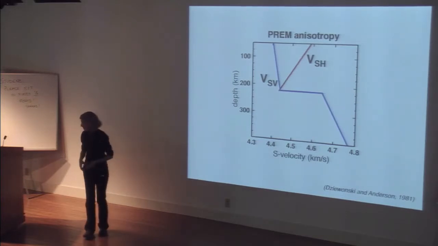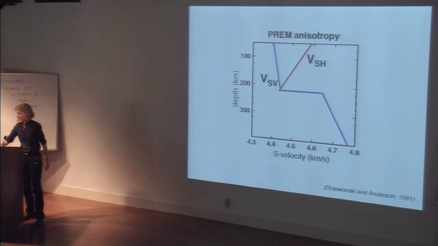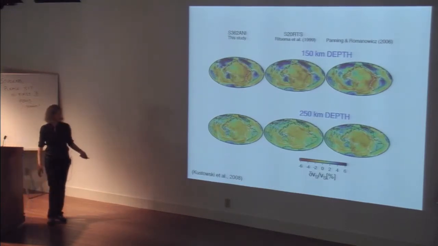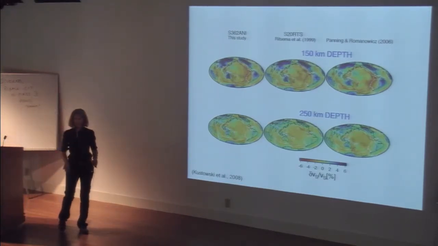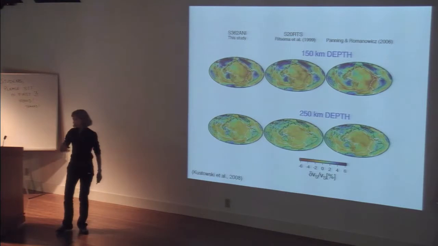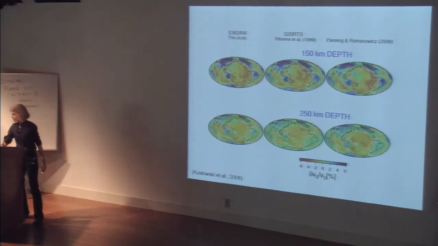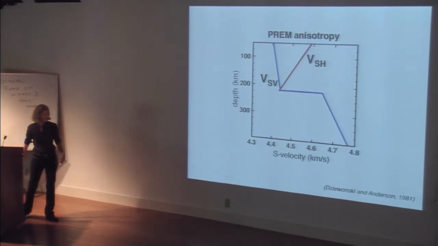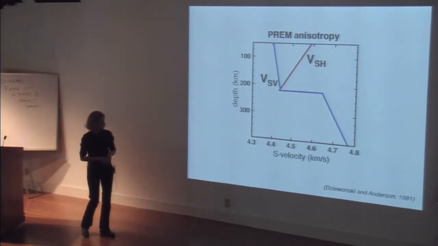And I showed you in the maps something that's called shear wave speed, or perturbations to shear wave speed, VS. That's actually hiding something, because there's really more than one S wave speed.